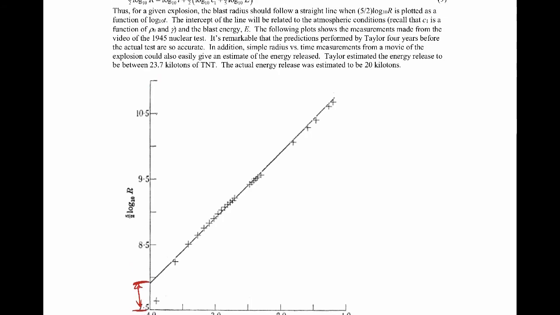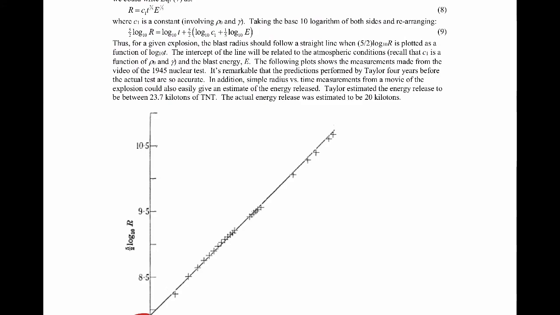And what he found, I've described it right up here, is he predicted the energy release to be about 23.7 kilotons of TNT for that particular explosion, and the actual release was about 20 kilotons. So he had a very good estimate of the energy release, and it was based on doing a dimensional analysis combined with the publicly available images and with some additional analysis to deal with the compressible flow aspects of the problem.